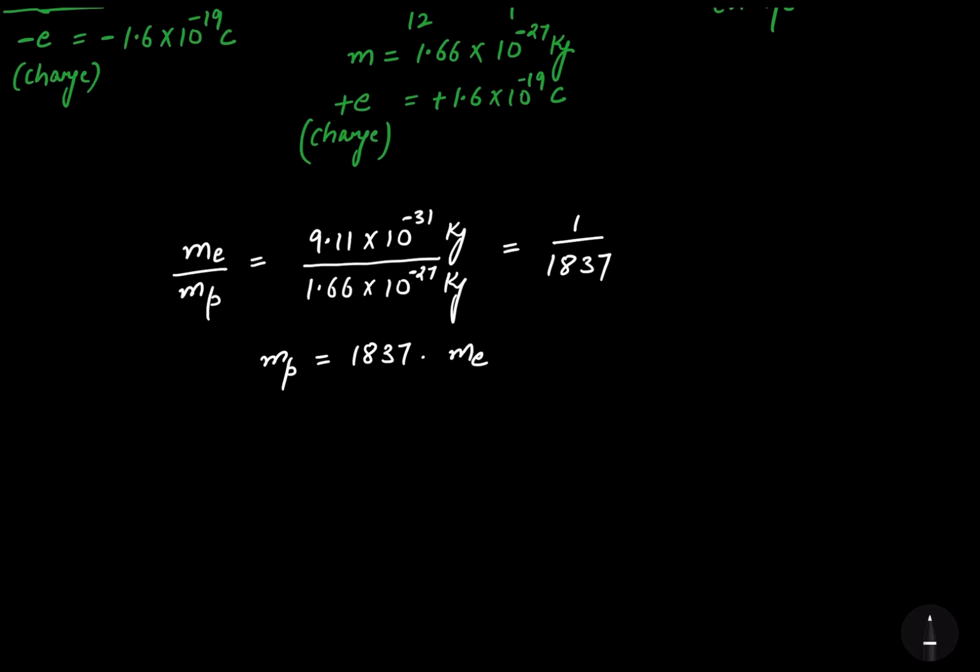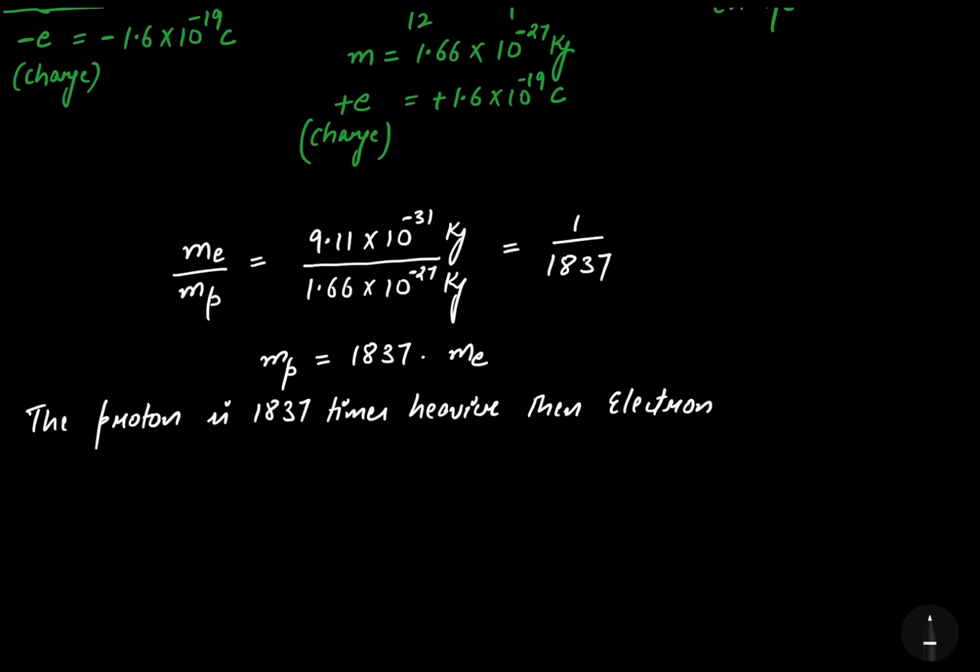So let's talk about the mass of an atom. Firstly, I'm mentioning that the proton is 1837 times heavier than electron.